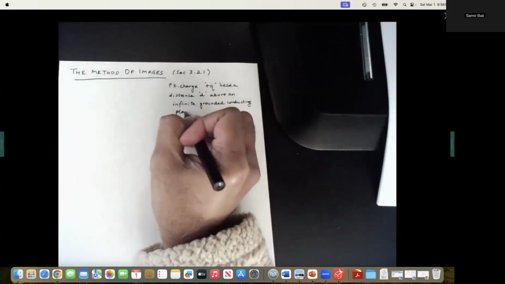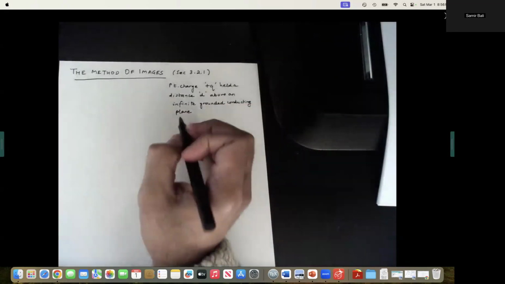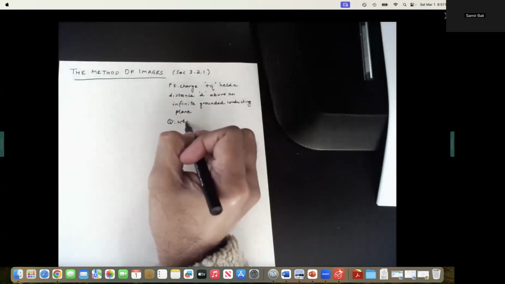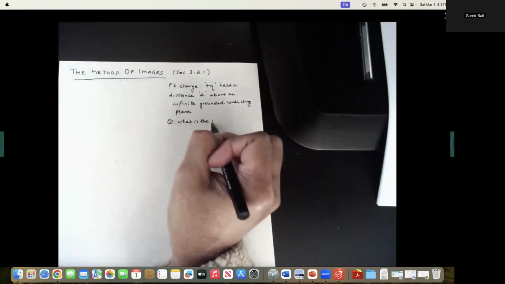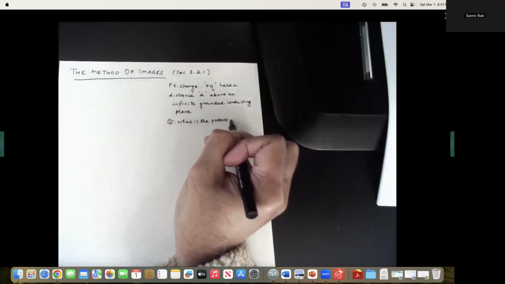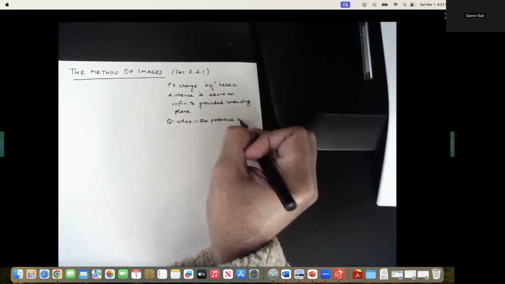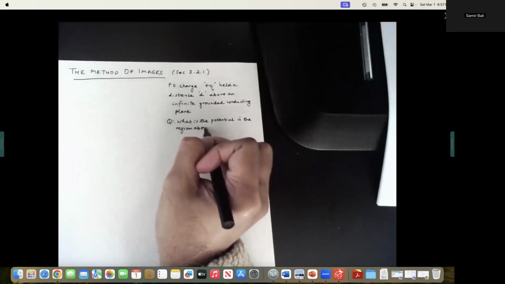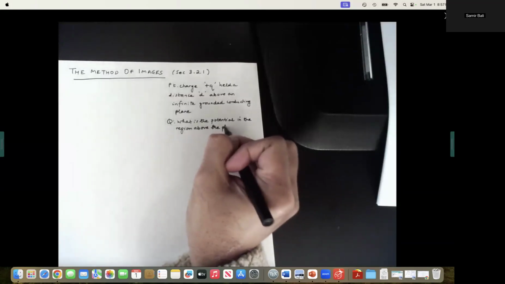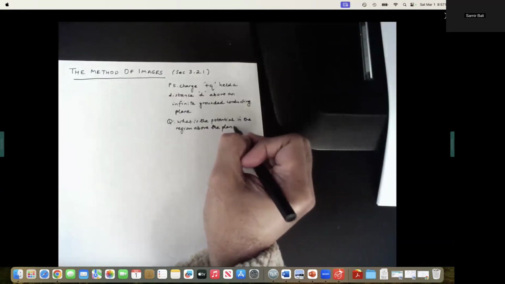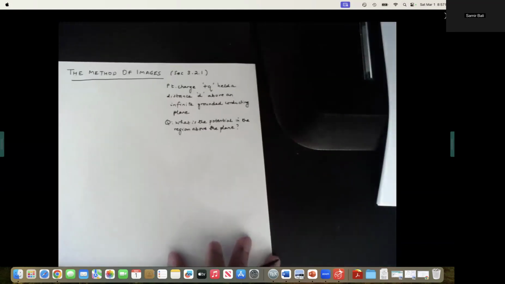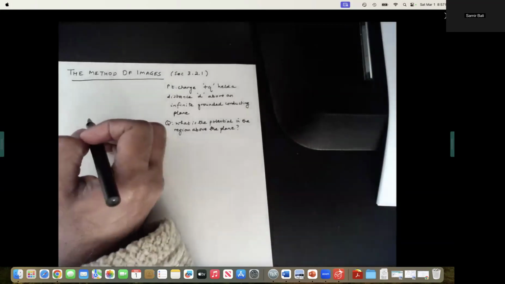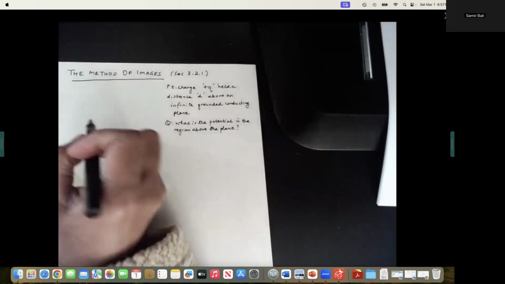So d is really small, so small that you don't notice the edges of the plane. And then the question that's asked is, what is the potential in the region above the plane? And this is just a solved example in the book. Like I said, I really like the book, and you can read that as well. I'm just following it quite closely. Okay, so let's do this example.